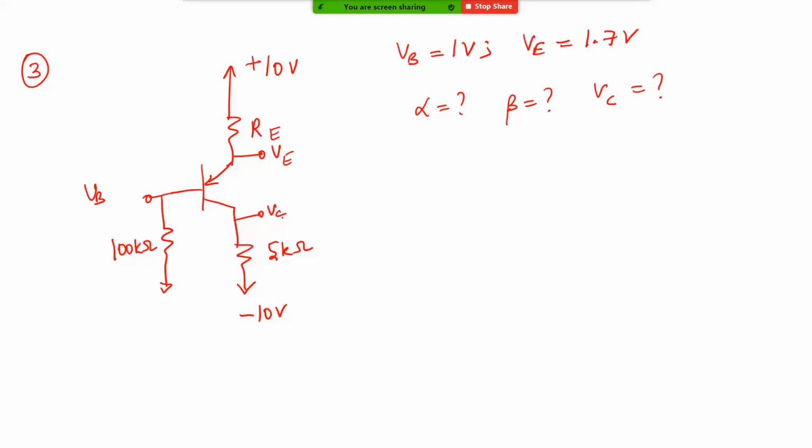One more piece of information is that RE is basically 5 kilo ohm. Sorry for missing it out. Yes, this is 5 kilo ohm and 5 kilo ohm on both sides.